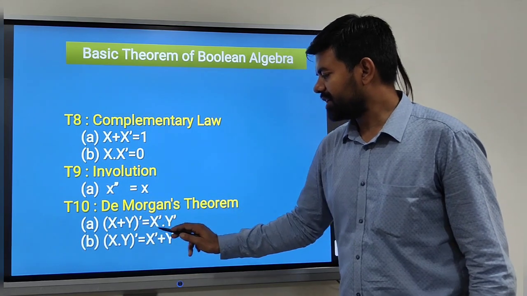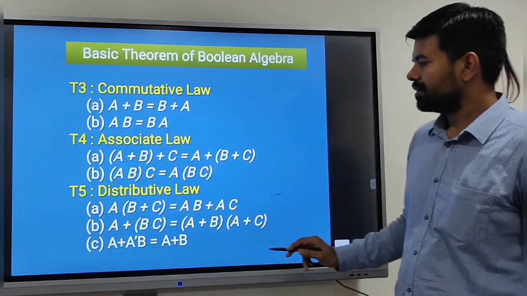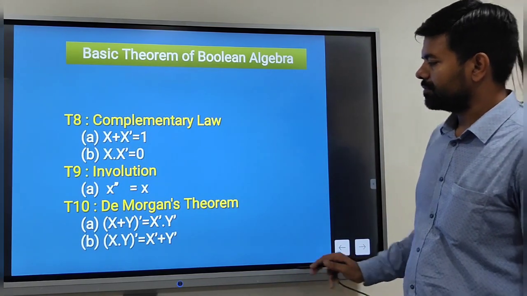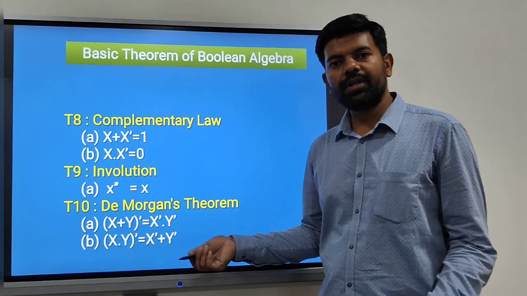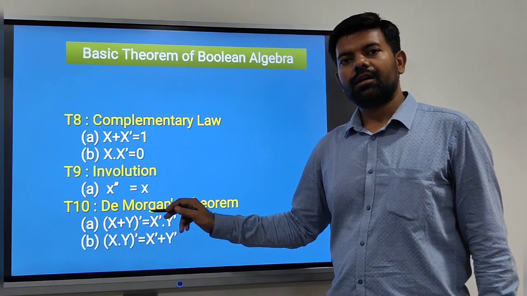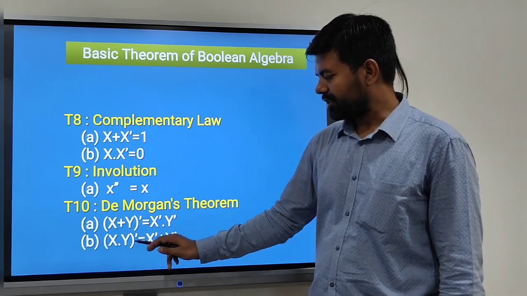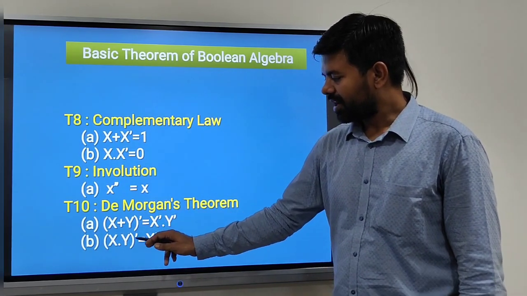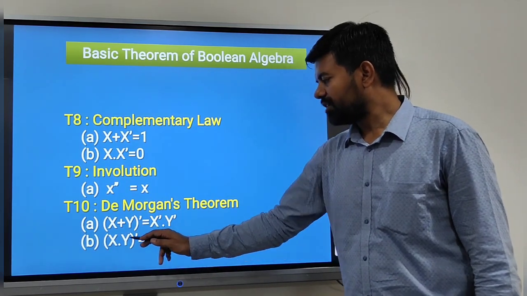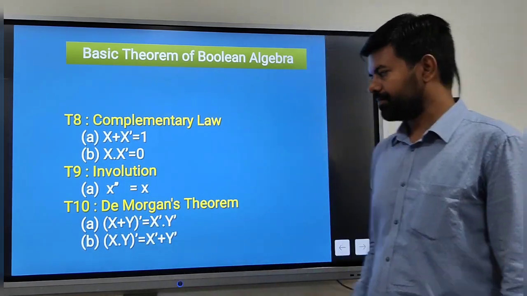The operators get changed. As we open the bracket, the operator gets changed and all the variables get their complement individually. Similarly, (x dot y) whole bar: when we open the bracket, all the variables get individual bars and the operator gets changed.